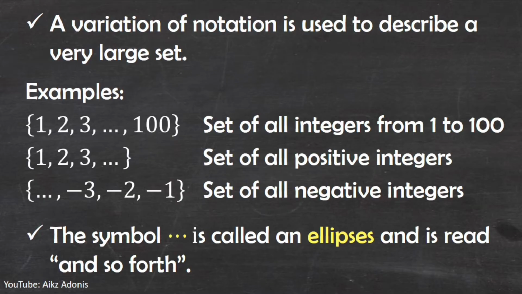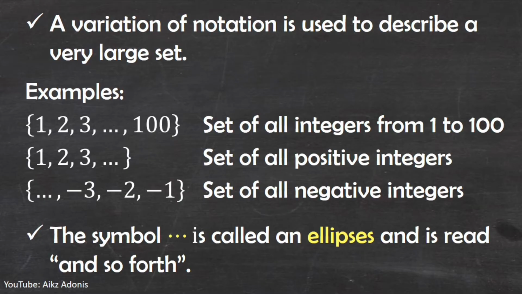Another example, the set of all positive numbers. This is somewhat the same as the first example, but we removed the 100 at the end because positive numbers have no end. The ellipsis here denotes that this set of numbers will approach positive infinity.